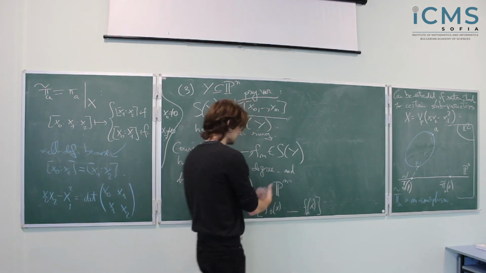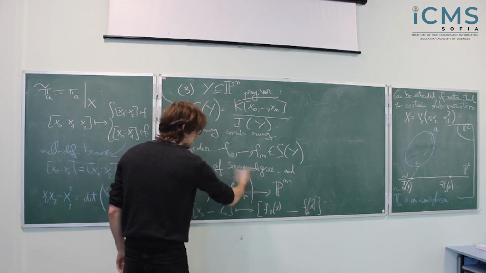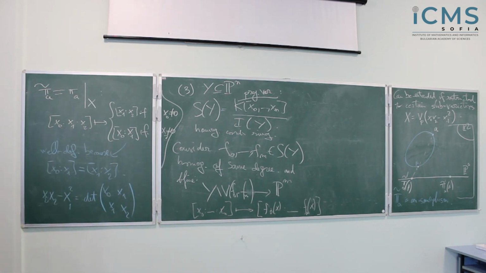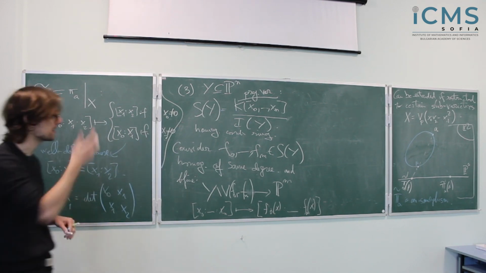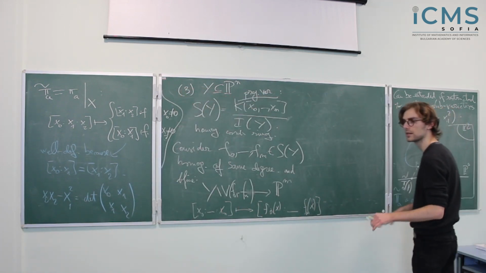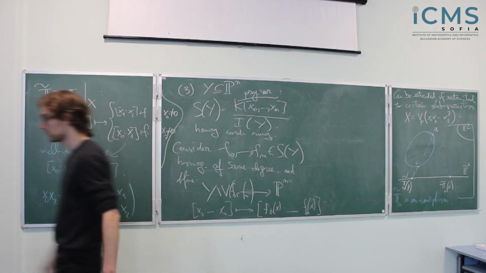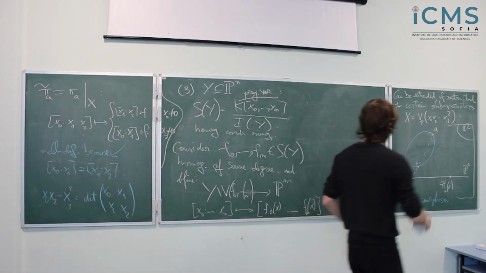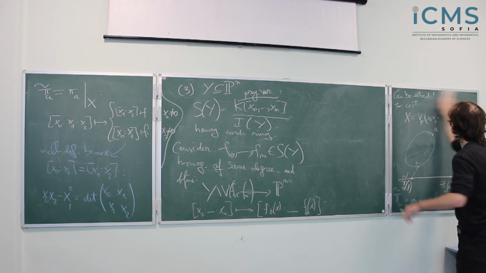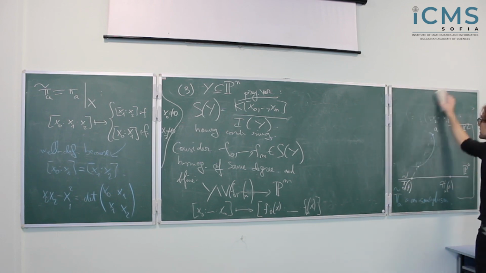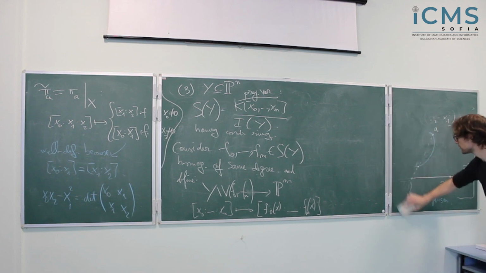This is why we needed to get rid of the common zeros. This is a general way to give us morphisms defined globally, which is sometimes difficult to do otherwise.